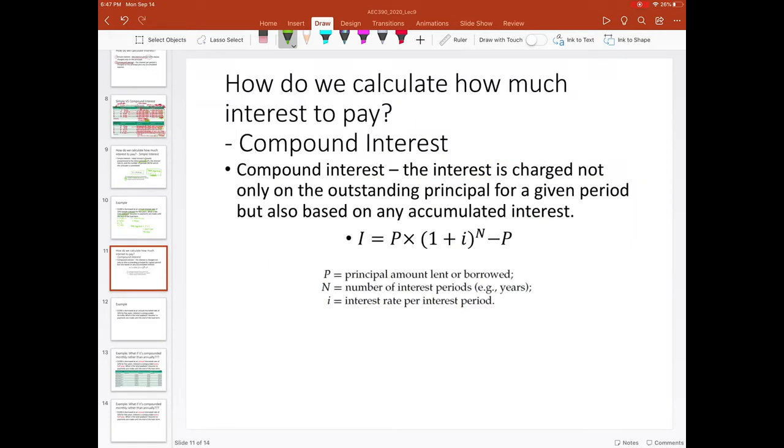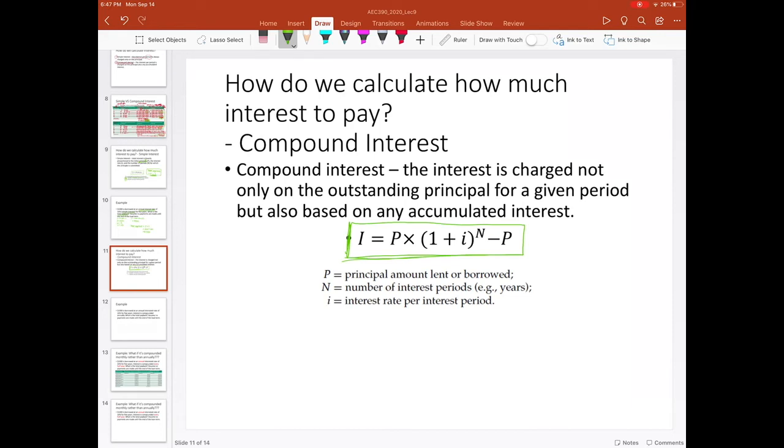Now, let's take a look at the compound interest calculation. The equation is much more complicated, but still, it gives you the answer much quicker. So this is the equation.